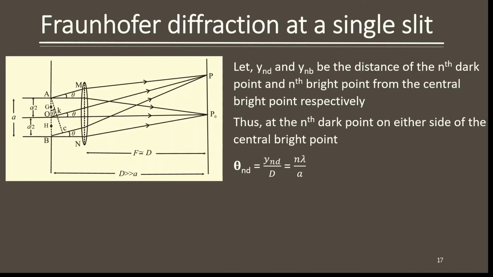From equation 3, theta is equal to y upon D. From equation 1, theta is equal to n lambda upon a. So, substituting these values, we get theta nd is equal to y nd upon D is equal to n lambda upon a. Rearranging this equation, we get y nd is equal to n lambda D upon a is equal to n W.